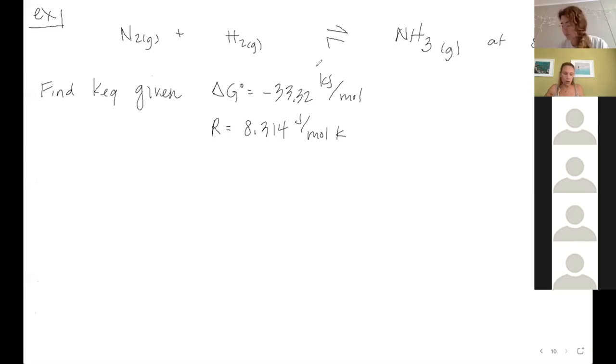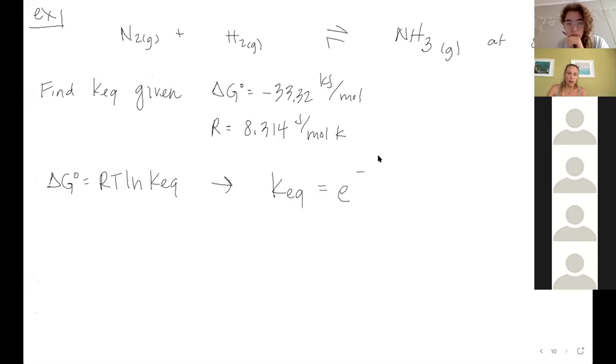So for this problem, we know that our delta G standard is equal to RT ln of KEQ, or KEQ is equal to e to the negative delta G standard over RT. So we want to find KEQ, so we're going to use this equation.